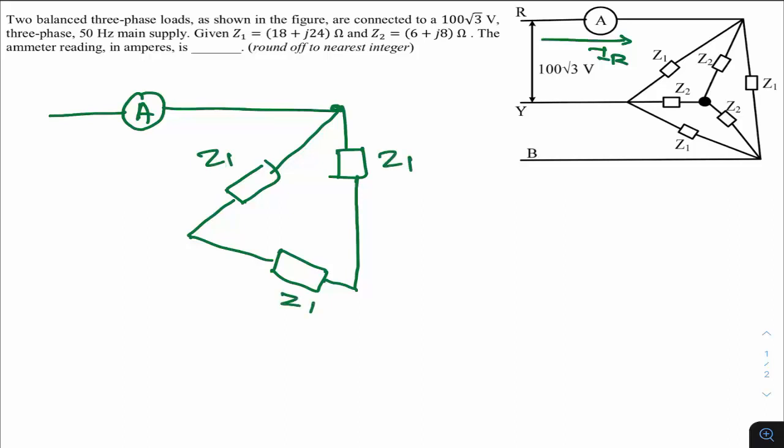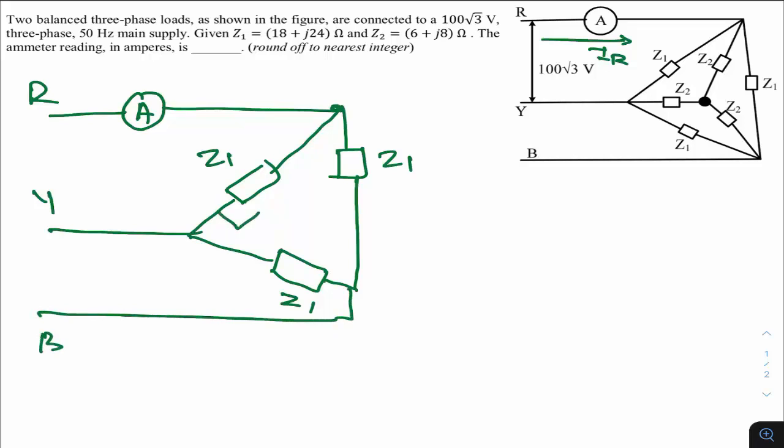And if you convert this inner star into delta, one arm will come here, which is in parallel with Z2, the other will be here, and similarly here as well. So this is your R, this is your Y, and this is your B. If you convert this inner star into delta, you have an impedance here.